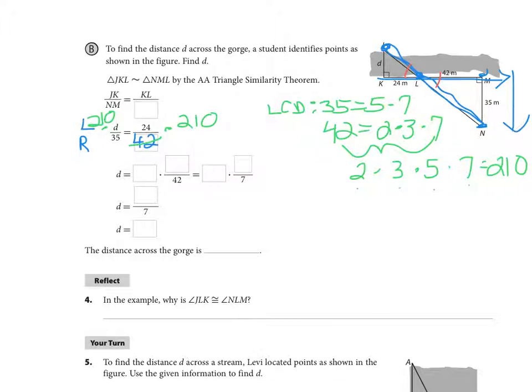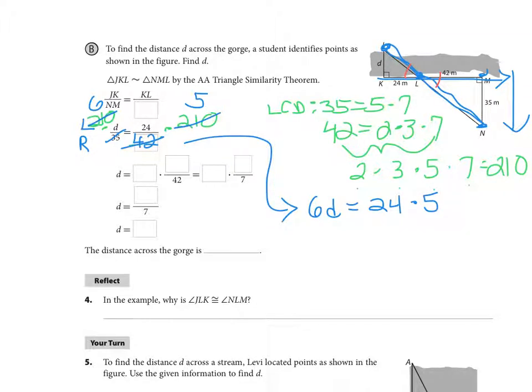42 is going to divide into that and leave me with a factor of 5. And 35 is going to divide into that and leave me with a factor of 6. So let's go over here, you guys. This is going to be 6 times the distance d that we need to know is going to equal 24 times 5.